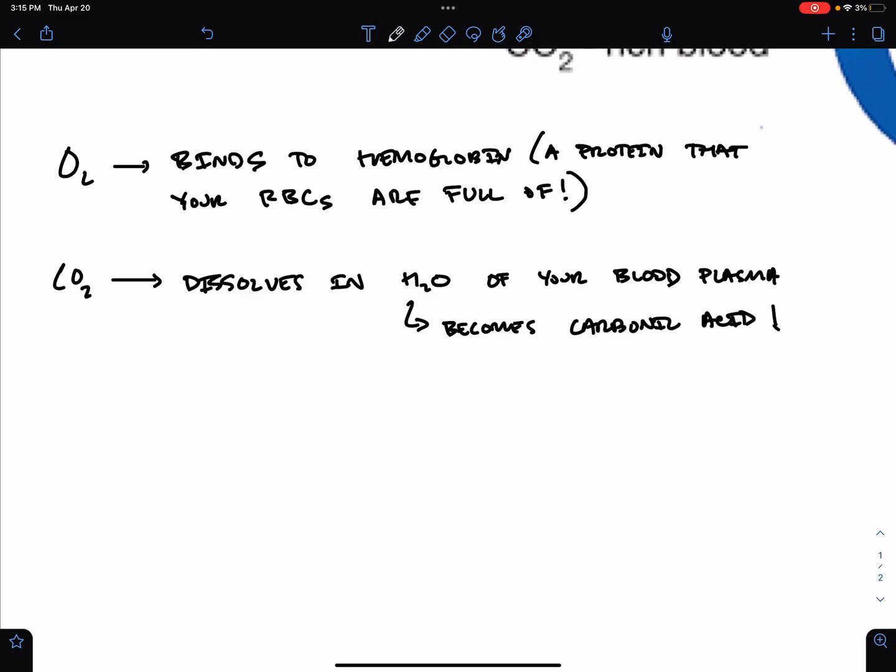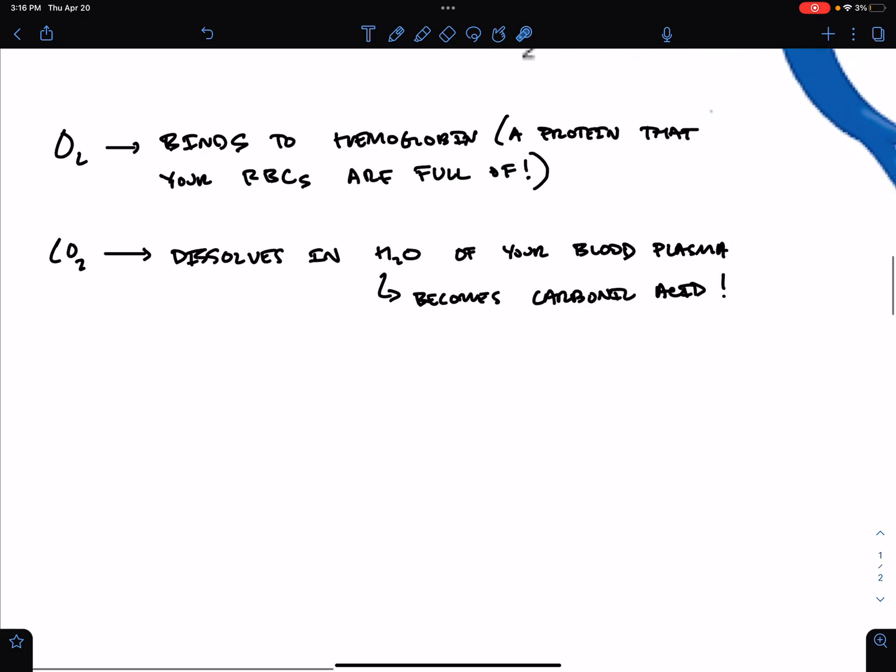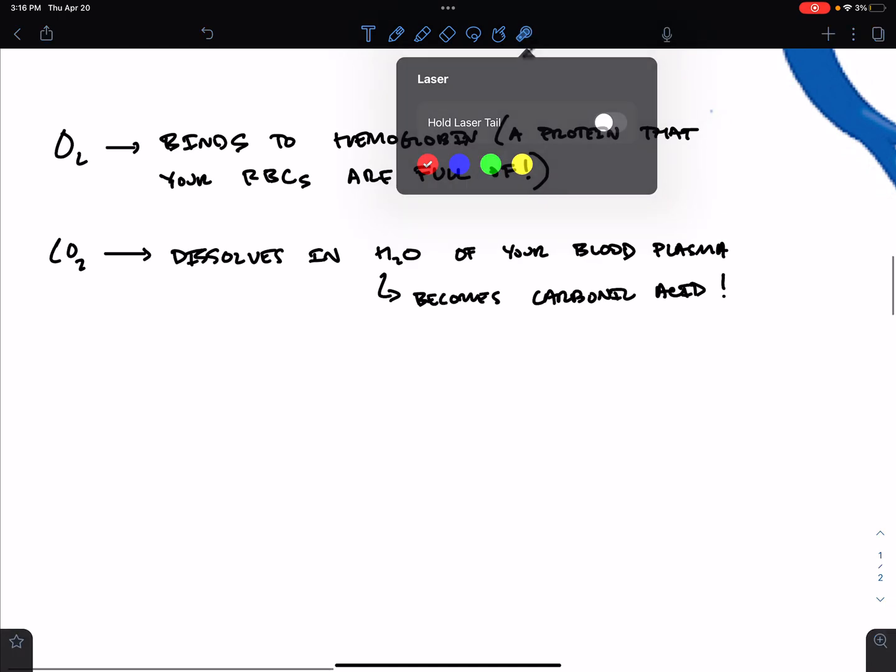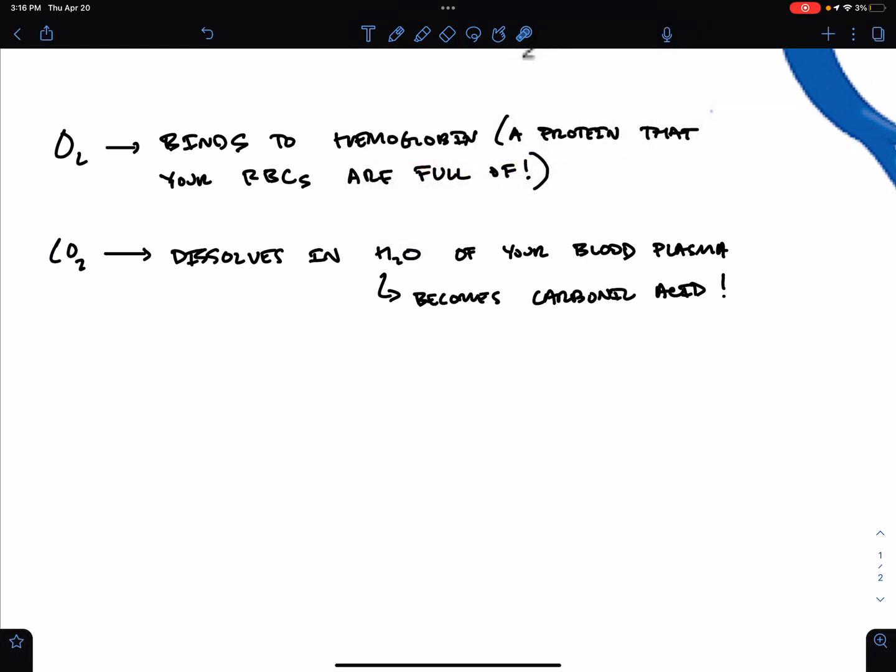Any of you that drink bubbly seltzer drinks will know that they kind of have a tart flavor. If you have water and you put CO2 in it and make seltzer, it develops this kind of sharpness, and that's the carbonic acid that you're tasting. So when CO2 dissolves in H2O, it becomes carbonic acid.